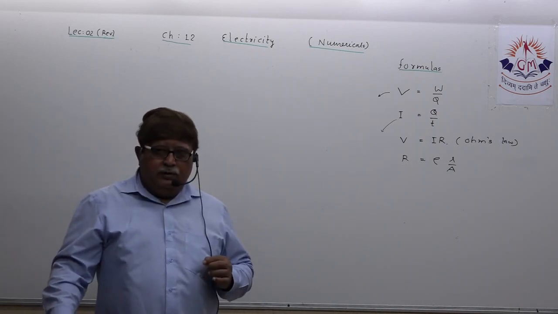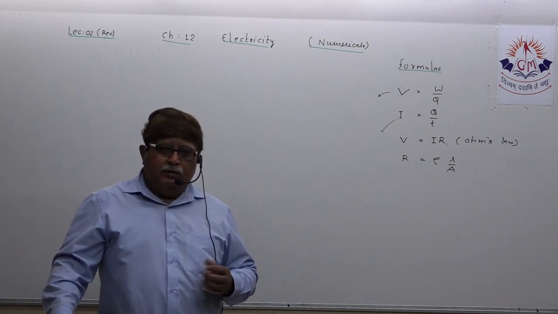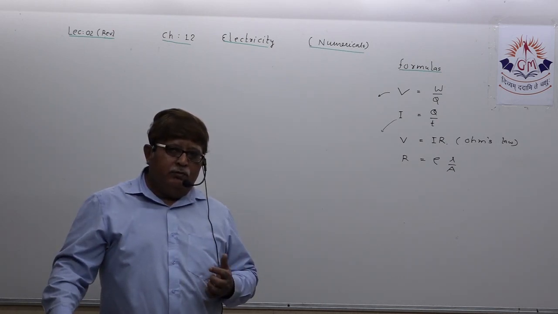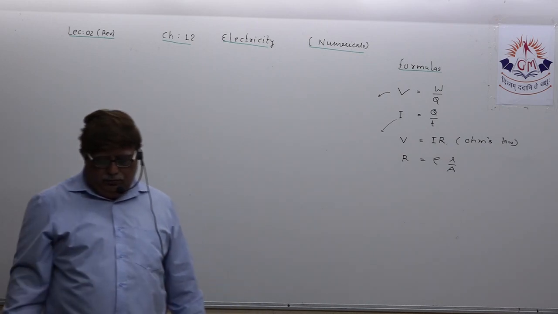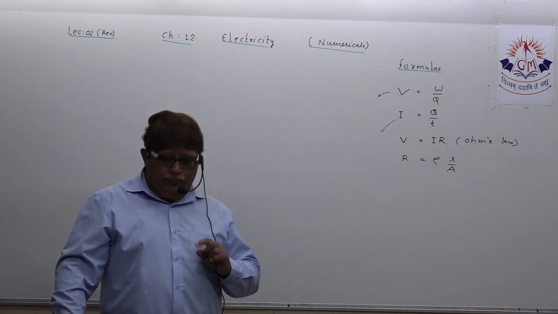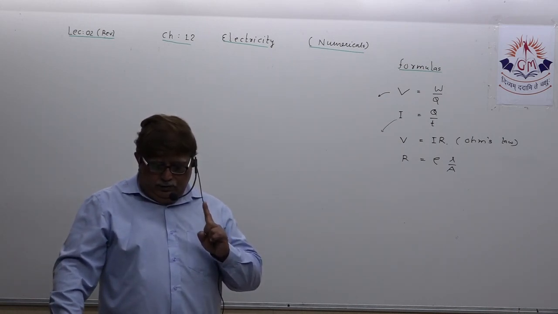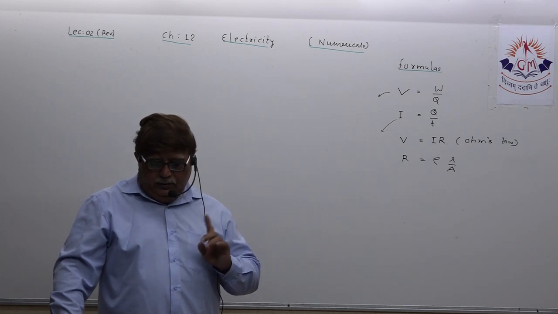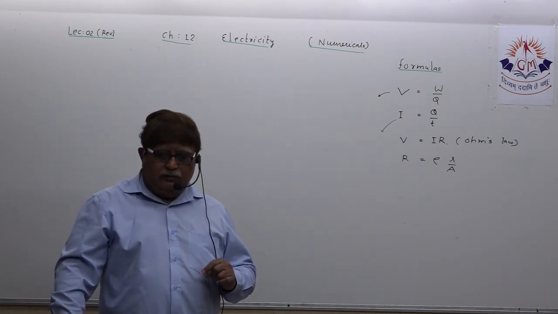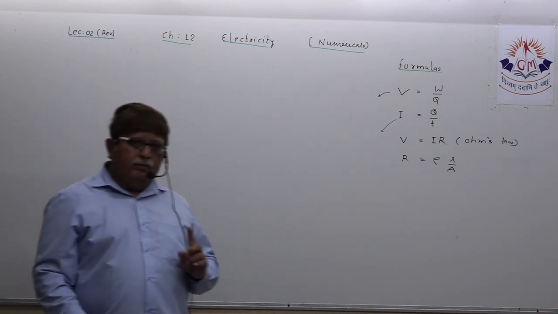You are connecting a torch with battery and the torch is drawing 64 milliampere of electric current. It glows for 10 minutes, then how many electrons pass through the bulb?